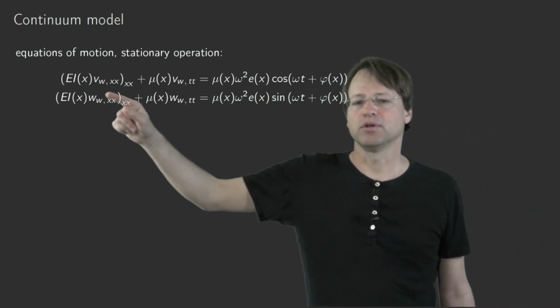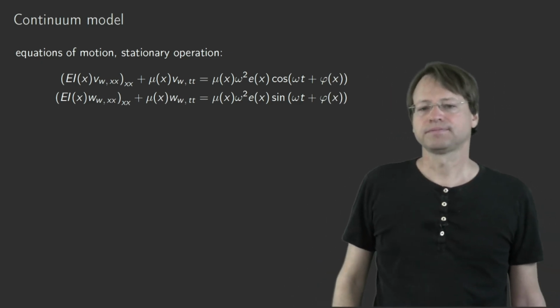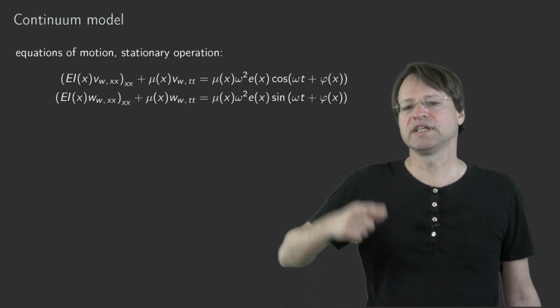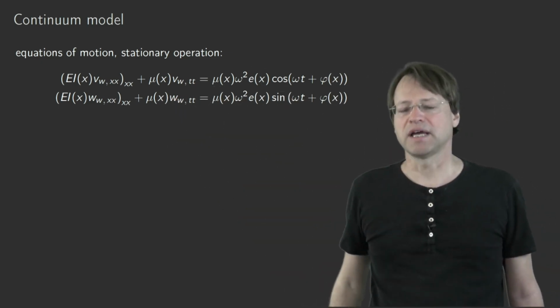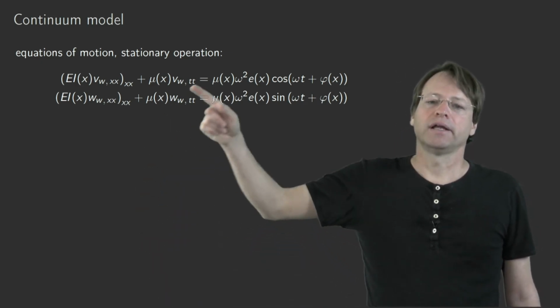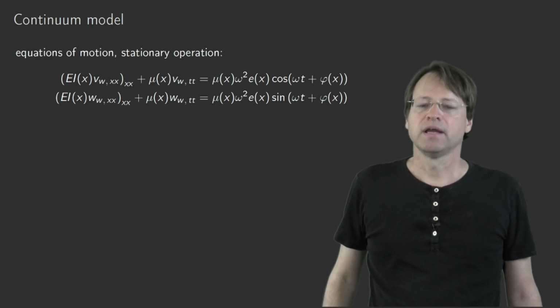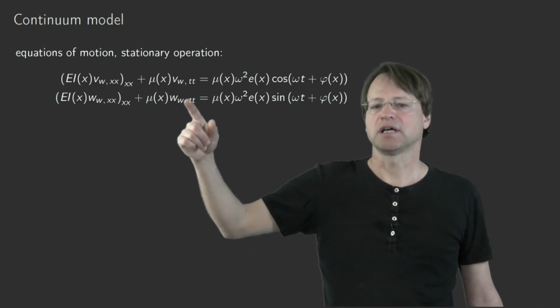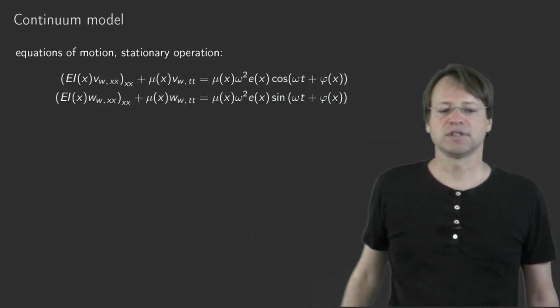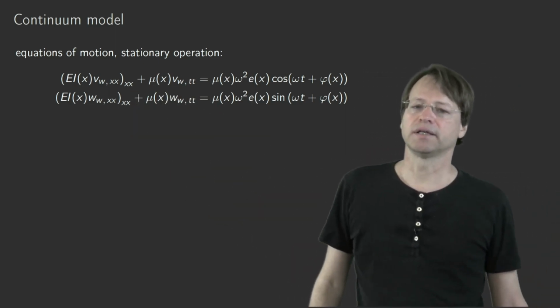We have the contribution from the restoring force, so from the bending beam theory. We have the contribution from dynamics, and on the right hand side we have the forcing by the imbalance. And you can see it's a partial differential equation containing time derivative and derivatives with respect to our space coordinate.